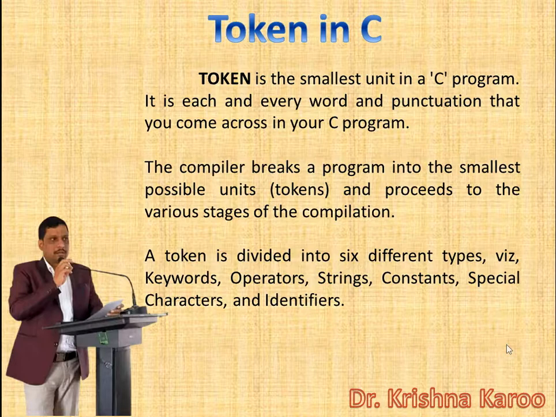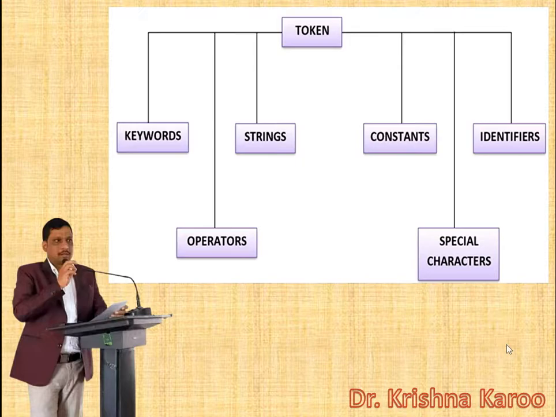Every single small unit is a token, and these tokens are divided into 6 parts: number 1 keywords, operators, strings, constants, special characters and identifiers. This diagram makes it very clear what a token is. The tokens are a set of keywords, strings, constants, identifiers, operators and special characters. These are all included in the token.